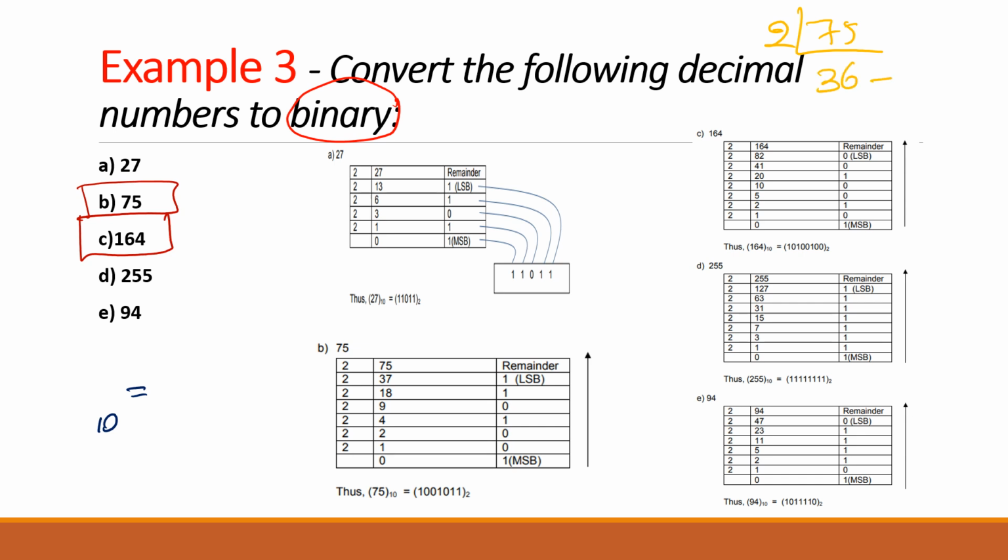But you have one remaining, isn't it? Okay, then you again divide this by 2. 36, when you divide 36, that will be 18, and there is nothing remaining, isn't it? Got it now? Okay. How about others?